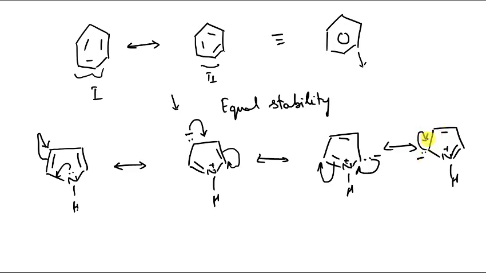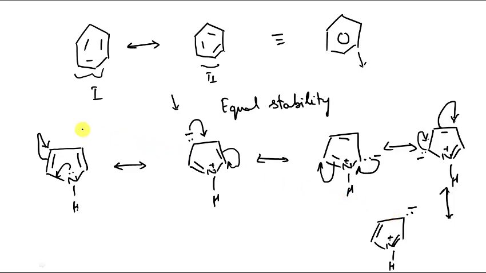Now this comes here, this comes here, this is the next resonating structure. So now we have written these resonating structures so many times for these five membered aromatic heterocyclic compounds, you should not make any mistake while writing the resonating structure.